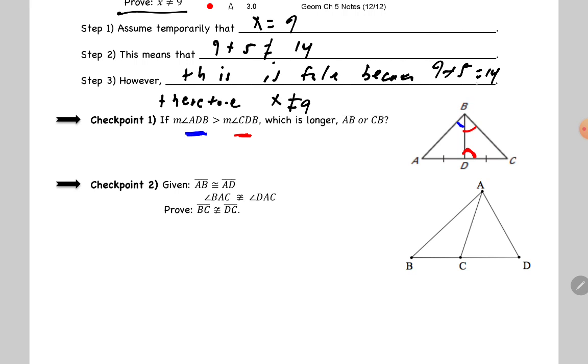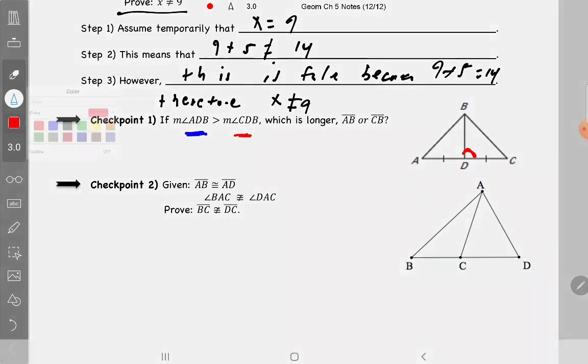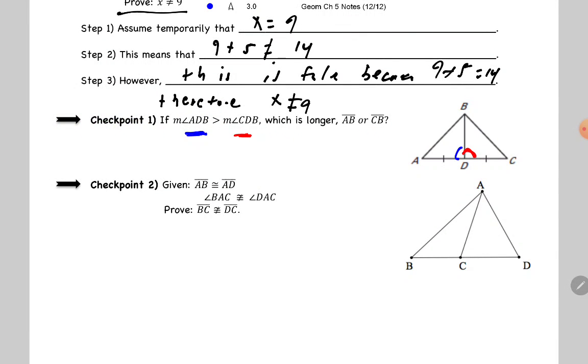CDB is down here. ABD is down there. So if blue is bigger than red, which is longer, AB or CB? It would be blue here, opposite of the blue. So AB. That's by hinge theorem. There's two sides that are congruent here. The blue angle is bigger than the red, so the blue side will be bigger than the red side.